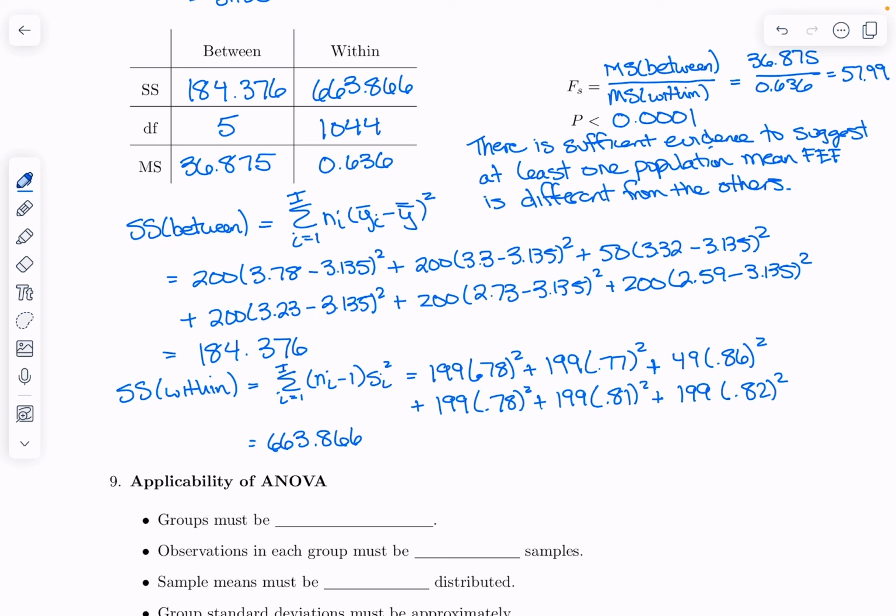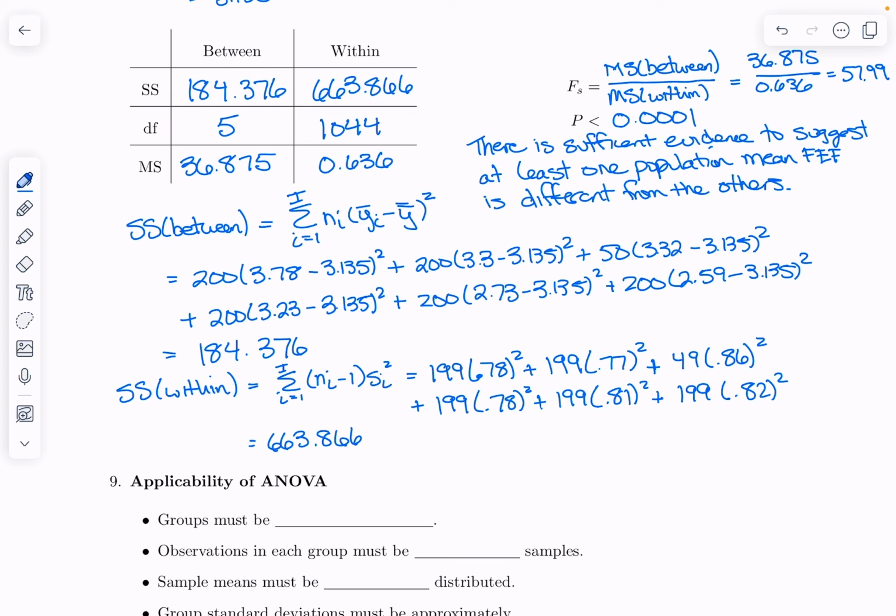But you might think that that is not a real satisfactory conclusion. I can say, well, at least one of the groups is different from the others, but which one is different from the others? Is heavy smoking impacting mean FEF? Moderate smoking, light smoking, passive smoking? Non-inhaling? What is affecting the mean forced expiratory flow here?